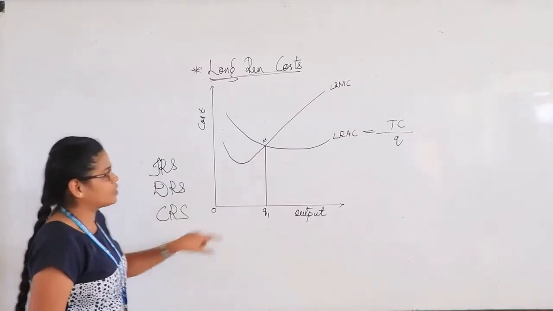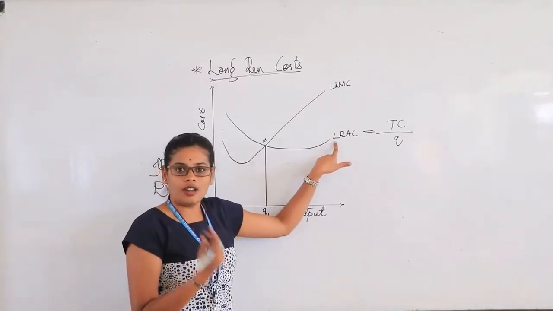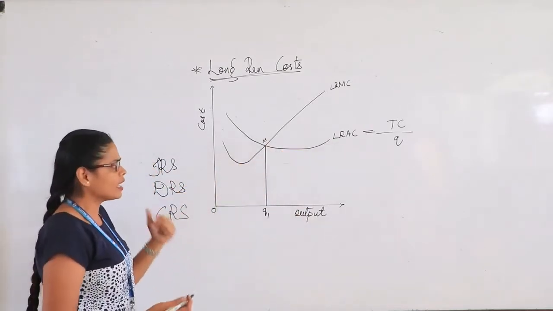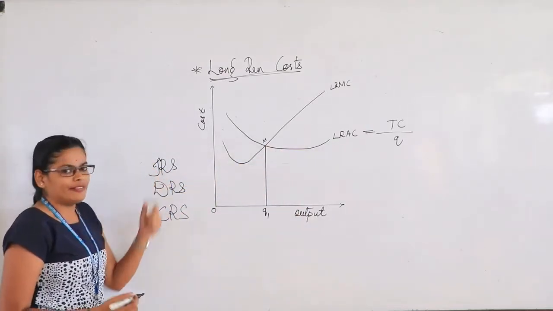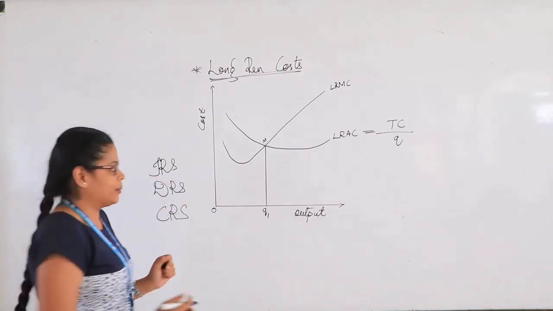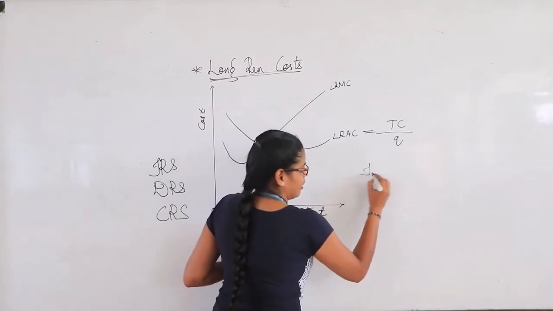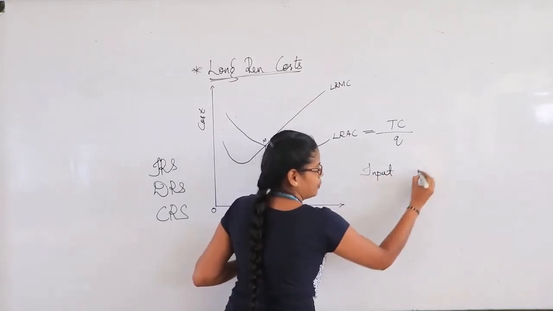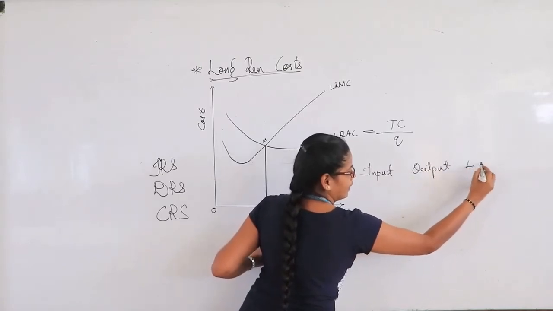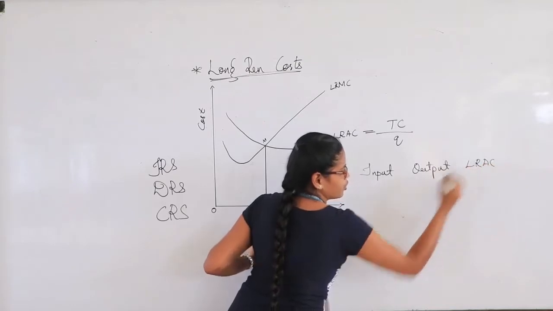So coming back to the long run average cost. Now first we'll understand the long run average cost. So when we have IRS, what happens? We'll look at the input, output and the long run average costs.